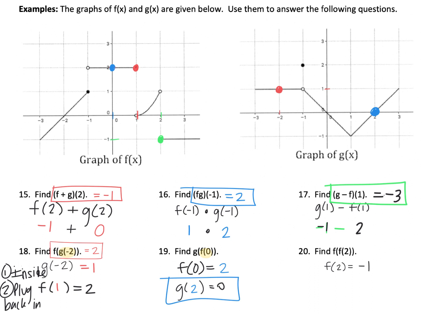Is it -1? Okay, if you take -1 and you plug it back in, you get +1. Okay, you should get +1 on that last one. If you have that, you can go.